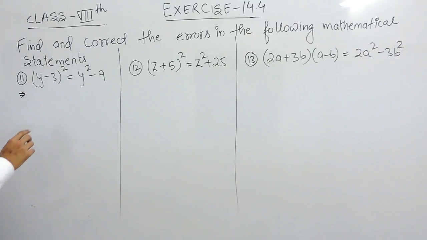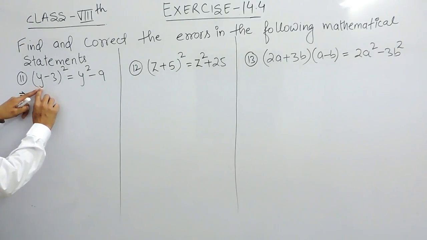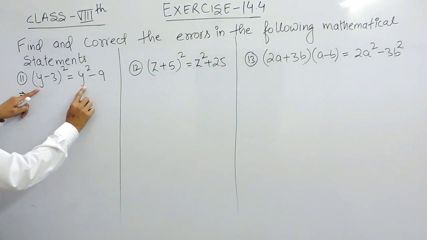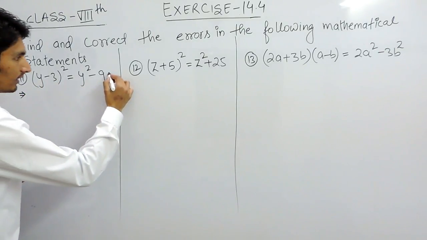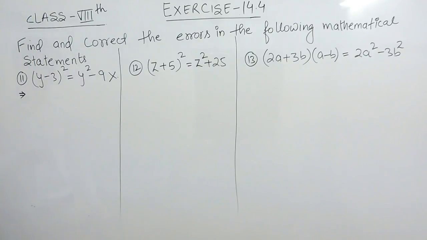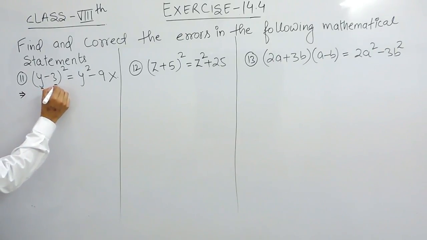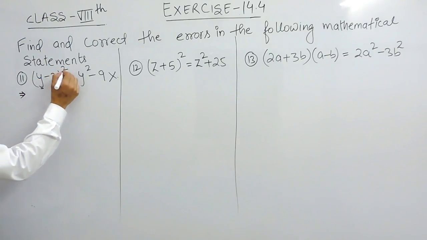In this case, what has been done is you have directly squared y and directly squared 3, which is 9. This is the incorrect method to solve it. The correct method is (y minus 3) whole square, and to expand this we have to use a certain formula, which is (a minus b) whole square.